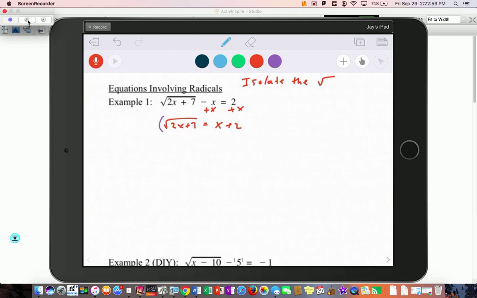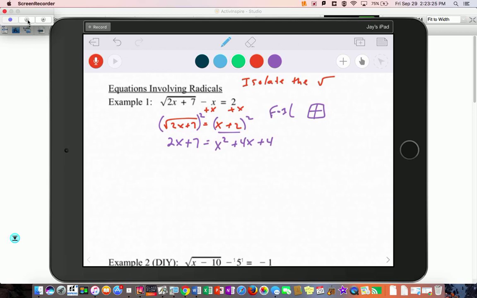So now I'm able to square both sides, and squaring the square root will just undo it, if you will. They're inverse operations. And then if you still need to FOIL or do the box method for this, do so, but you get x squared plus 4x plus 4.